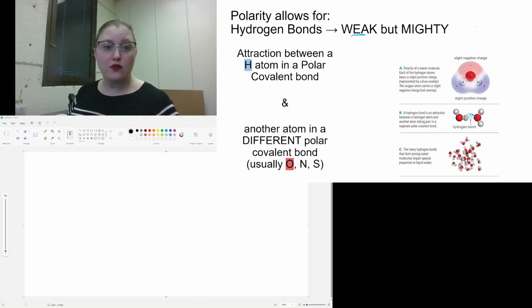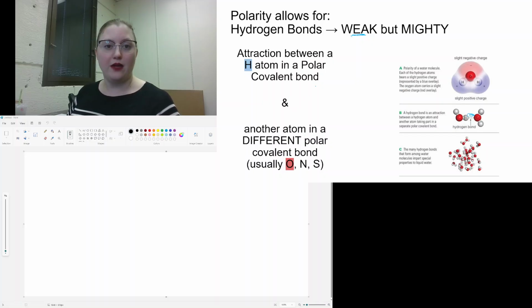Now, the thing with hydrogen bonds is they do not make water any different. Each of these water molecules is still a water molecule. They're just being pulled toward each other.